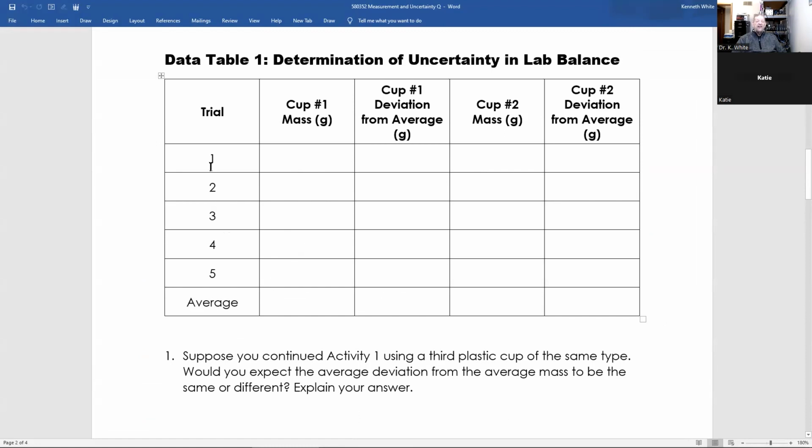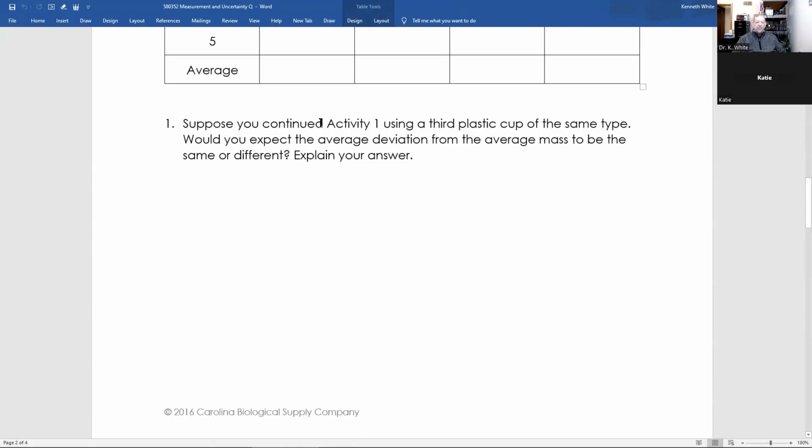If you do it 3 times, that should be enough. And you'll do the same for the second one. And then you have a question 1 to answer. And it has the dreaded words, please explain your answer. I don't expect a whole 2 pages of explanation, but a sentence or 2 should do that.